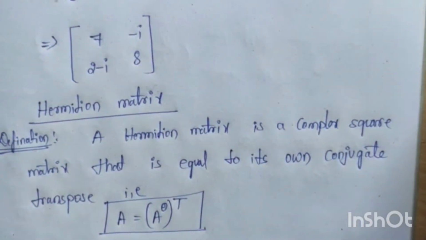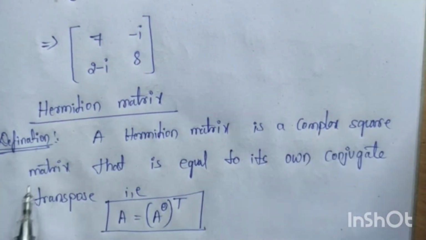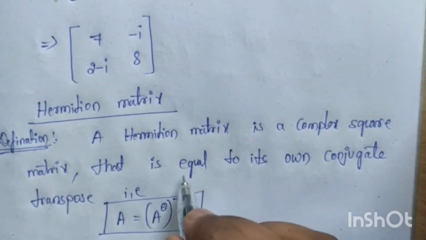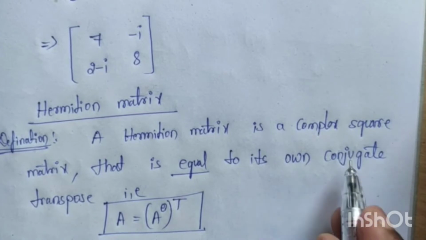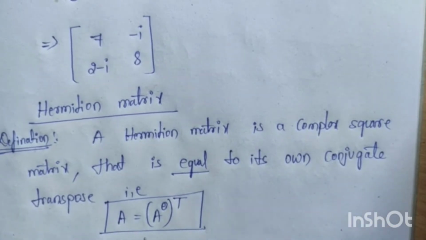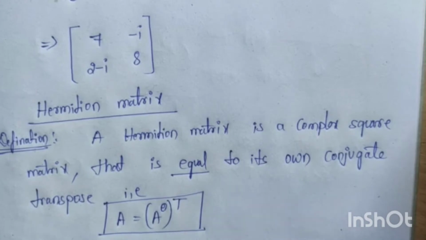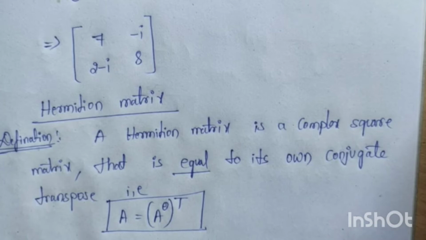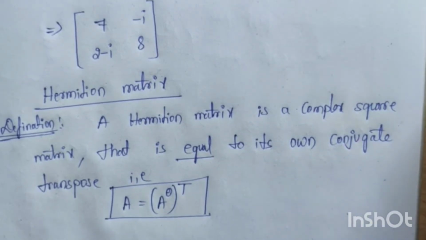A Hermitian matrix is a complex square matrix that is equal to its own conjugate transpose. A equals A conjugate whole transpose is called a Hermitian matrix. In other matrices we take real numbers. In a Hermitian matrix we use complex numbers.